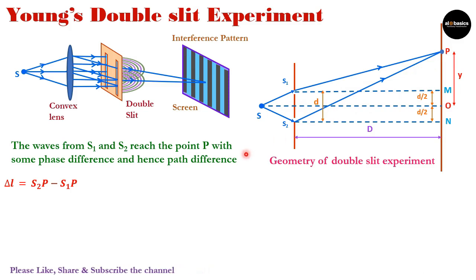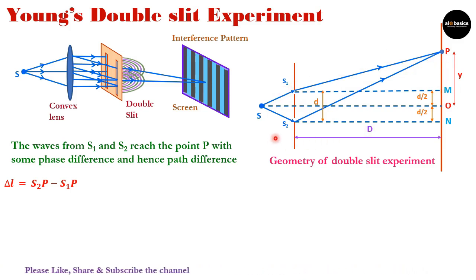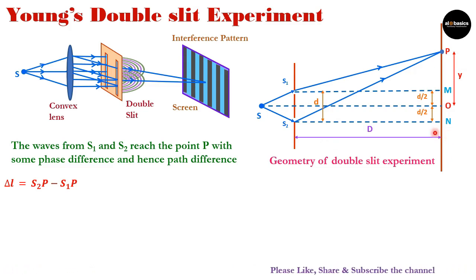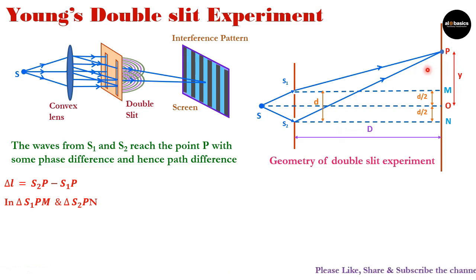Now if I want to find this path difference, then I'll consider two triangles in this diagram, that is S1PM and the second one S2PN. Both these triangles are right angle triangles, and in these two triangles S1P and S2P are their hypotenuse.